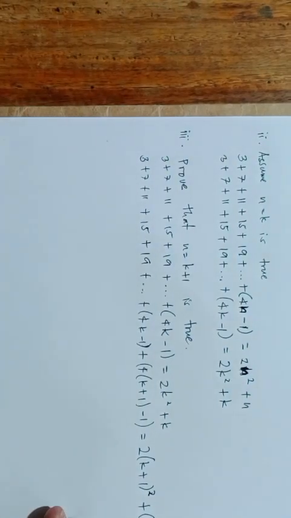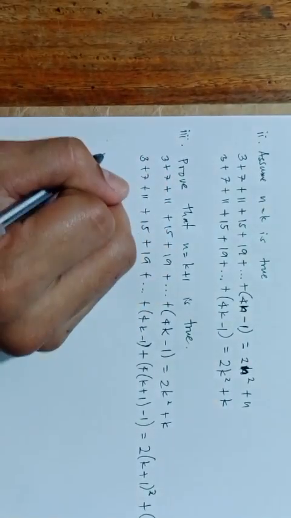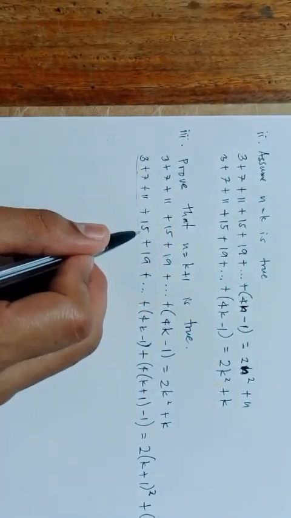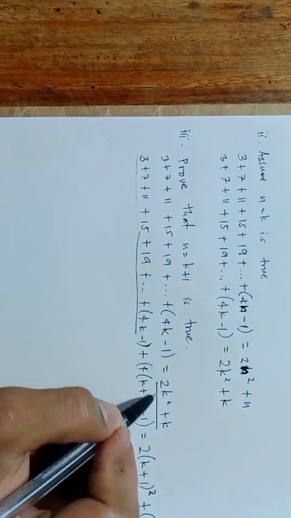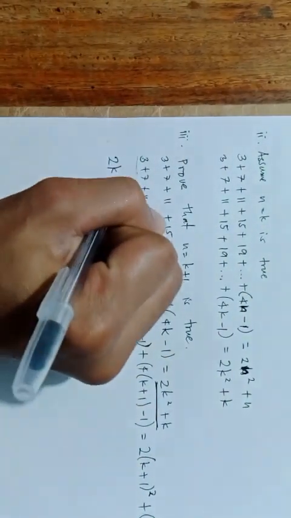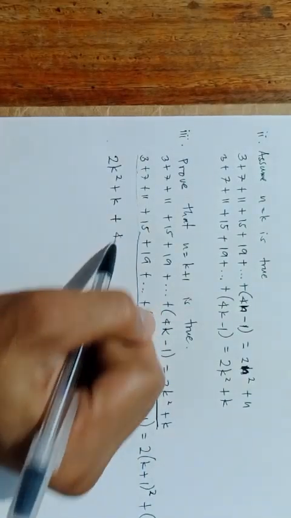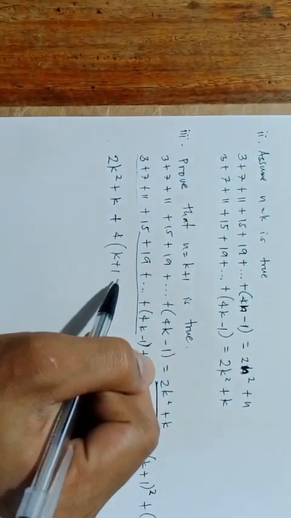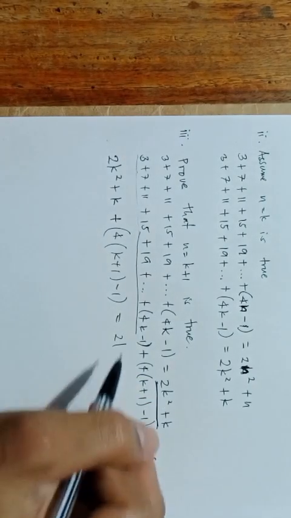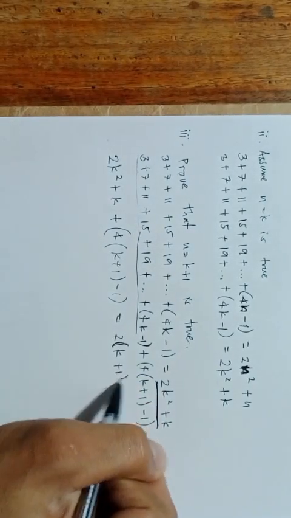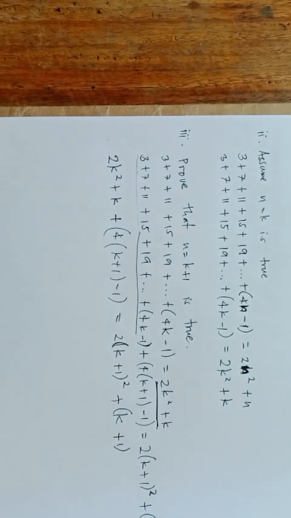And for the next part, since this expression is equal to this expression, we only need to rewrite this equation. So 2k squared plus k, plus the next term, 4 times k plus 1 minus 1, is equal to 2 times k plus 1 squared plus k plus 1.